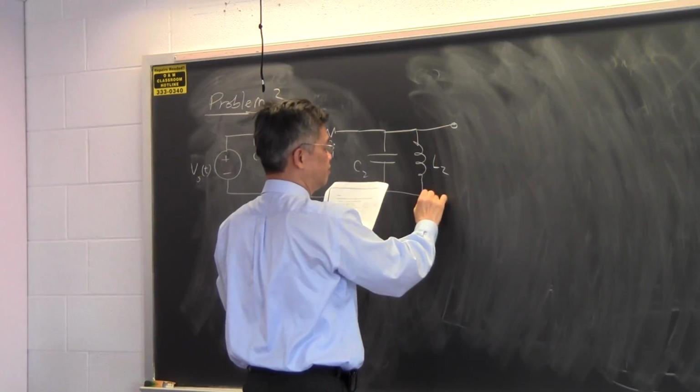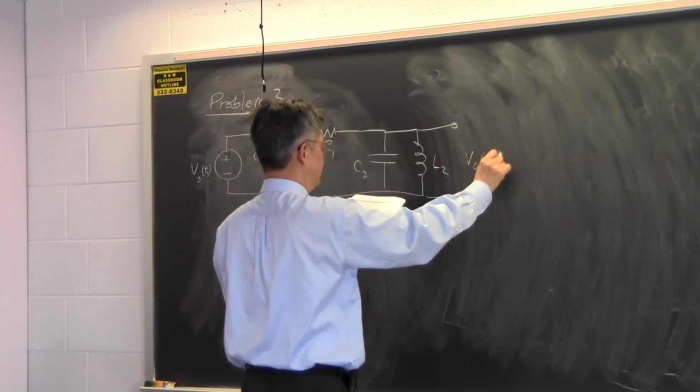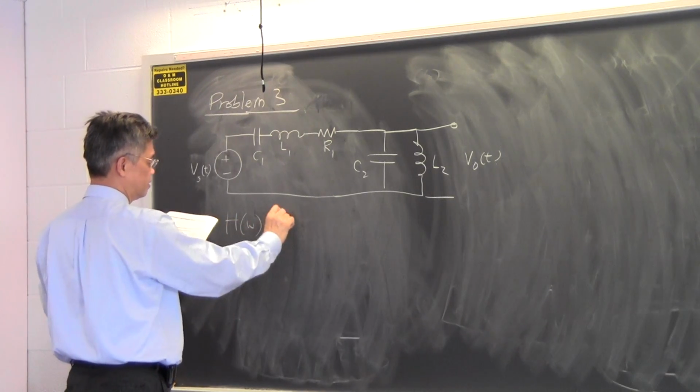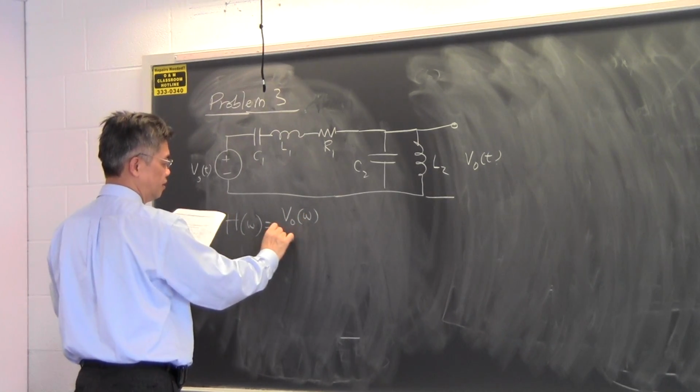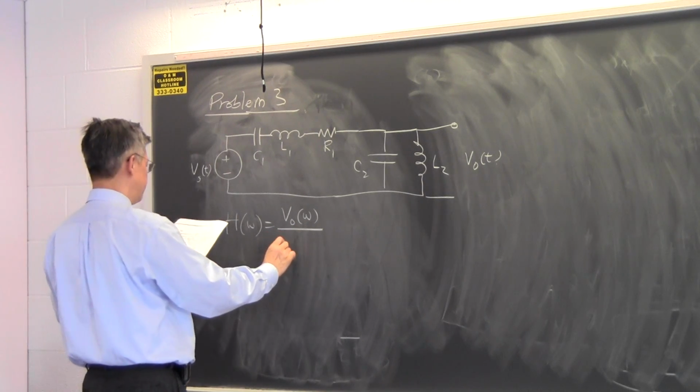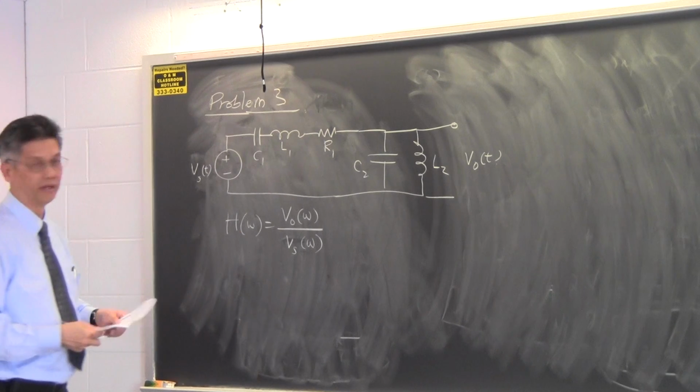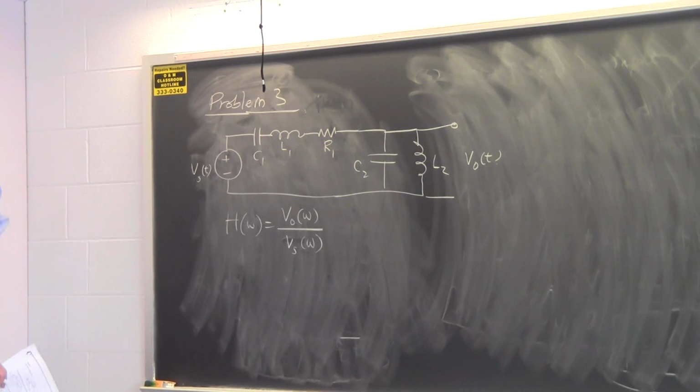And then you're asked to find V out of t. And you're asked to find the transfer function, which is defined to be V out, the phasor response, over Vs, the phasor response.